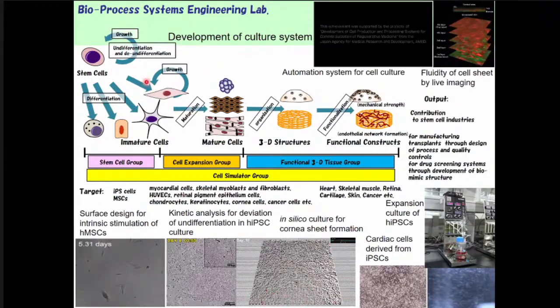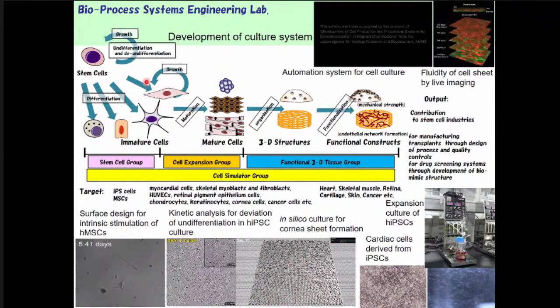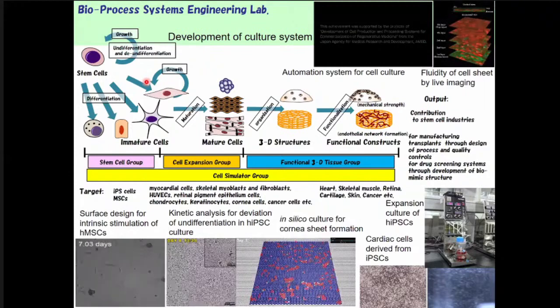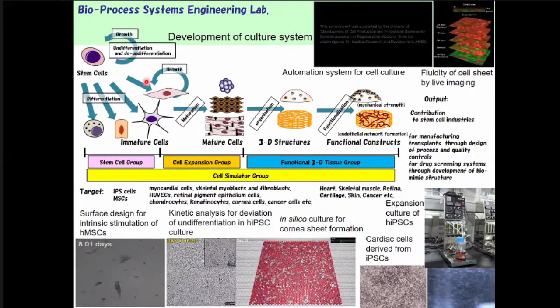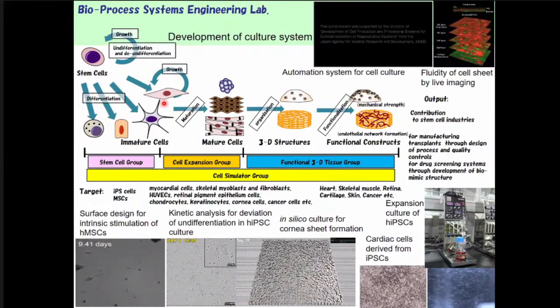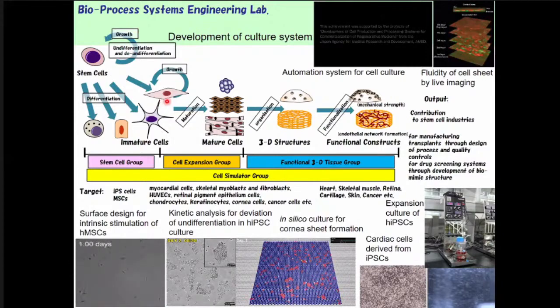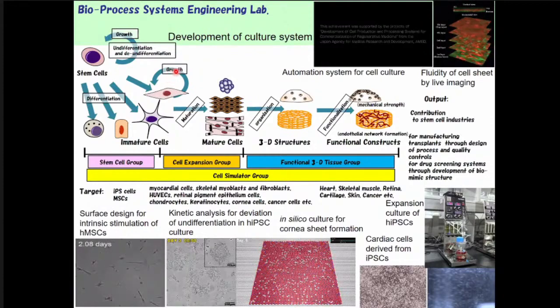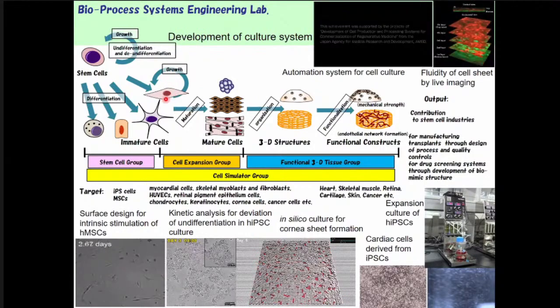I mean, I want to regulate the first step of differentiation from the undifferentiated state of the iPS cells. And after preparation of the precursor cells or differentiated cells, we also want to expand the cells again. So I mean that I want to prepare the bioreactor system for the differentiated cells.